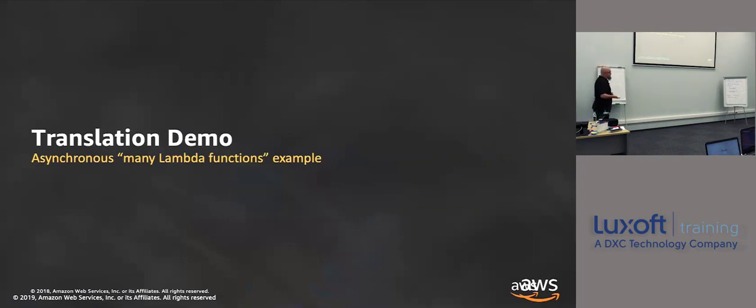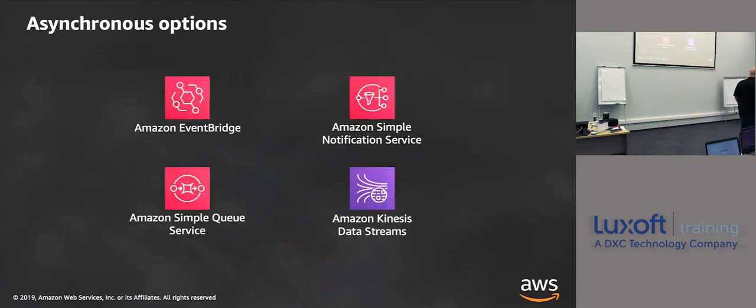Alright, so let's look at this translation demo again, but instead of doing it synchronously, let's look at what asynchronous does. We have several options, and I talked about them earlier when we were talking about the different patterns. I can use Simple Notification Service, Simple Queue Service, Kinesis Data Streams, or our new service called Amazon EventBridge.